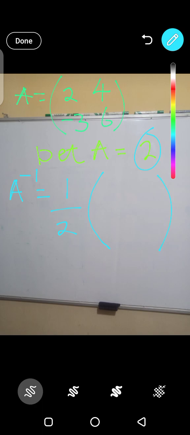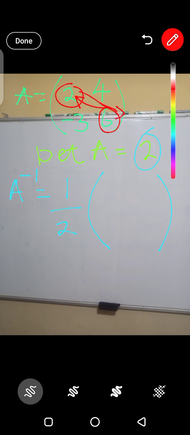Okay, and then these numbers, these ones, they switch positions. This number 6 goes where 2 is. Okay, 6 comes where 2 is here. And then this 2 here goes where 6 is.